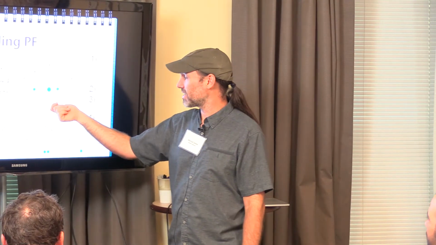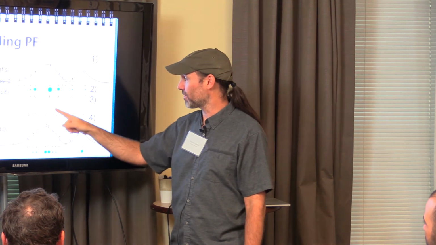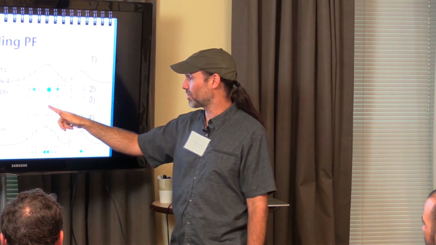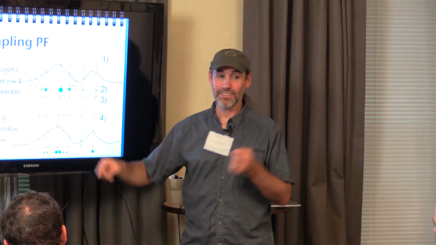Now the key for the resampling particle filter to work is that there has to be process error in the model such that these 3 ensemble members, when I run them forward to the next step, don't just give me the exact same answer. Because if they did, I'd still have this problem of degeneracy.